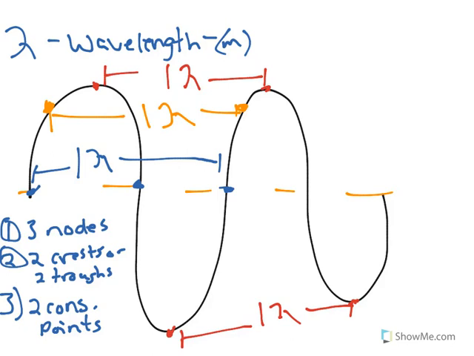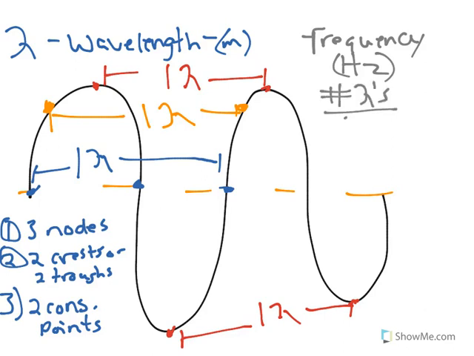The first of these terms is known as the frequency. And frequency is measured in hertz. Symbol is Hz. And frequency is the number of wavelengths per second. And then we also need to know the period.